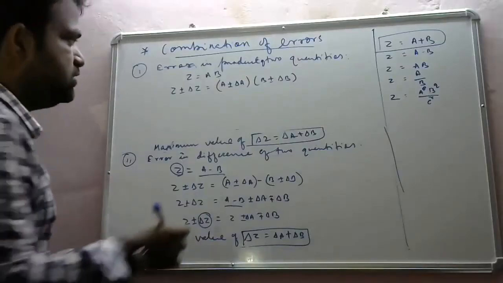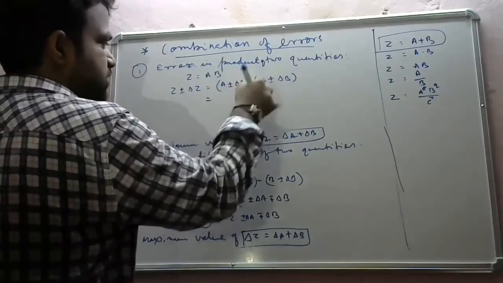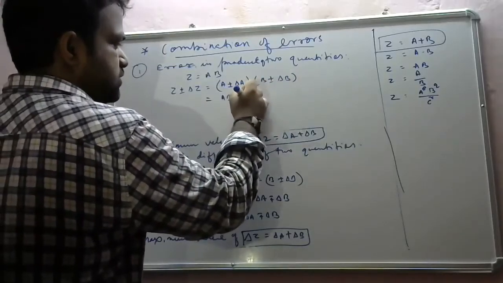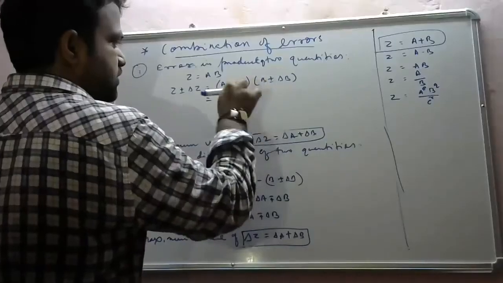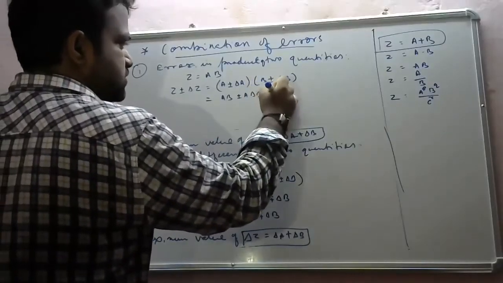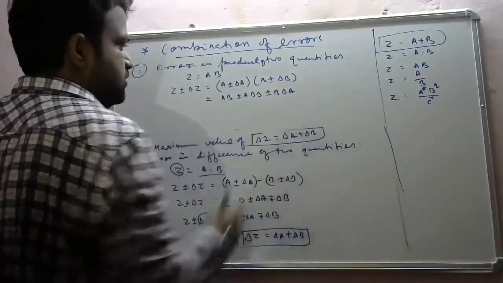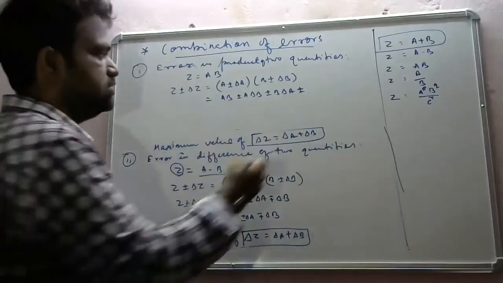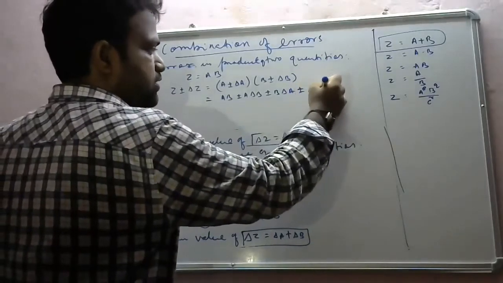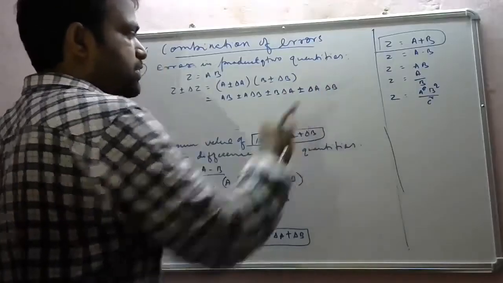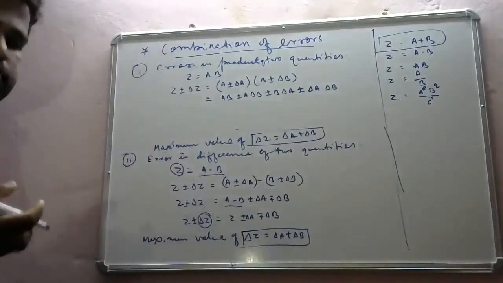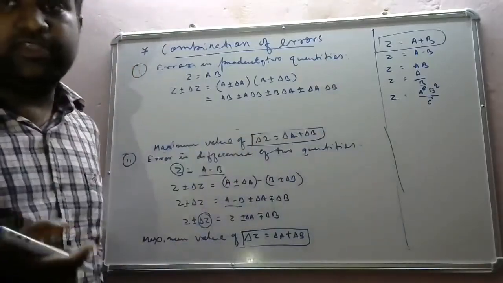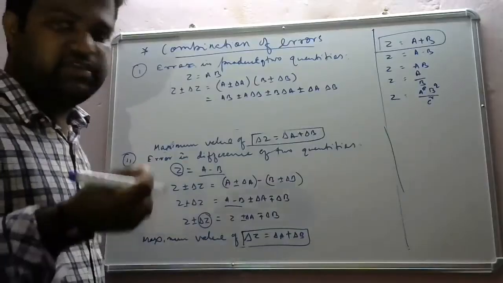Clear? Now let us multiply. So A into B, A into delta B plus minus A delta B. Now B into delta A plus minus B delta A. Now delta A into delta B, that is plus minus delta A delta B. Now see, delta A is a very small number, right? Small number means like 0.01, 0.1, like that. And delta B is also a very small number. Generally errors are small.